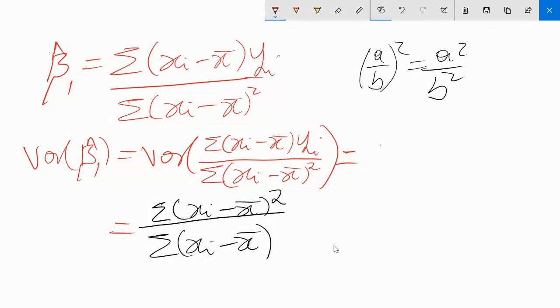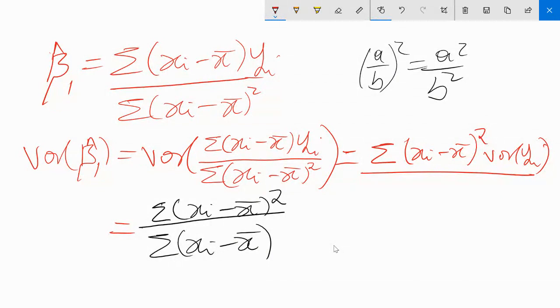This is equal to, because we have this as the constant squared, the variance of yi, and we have this again as the constant squared.